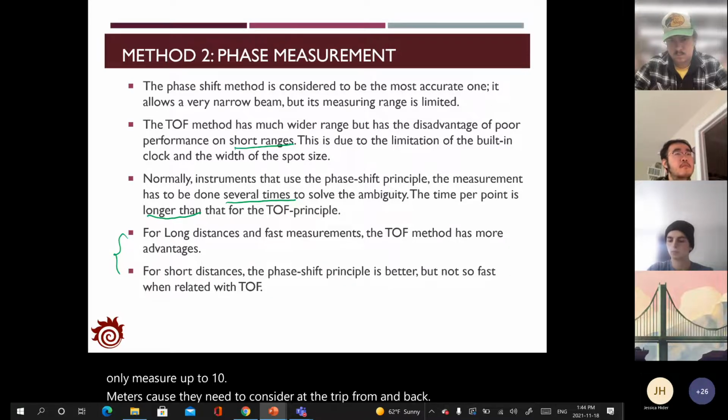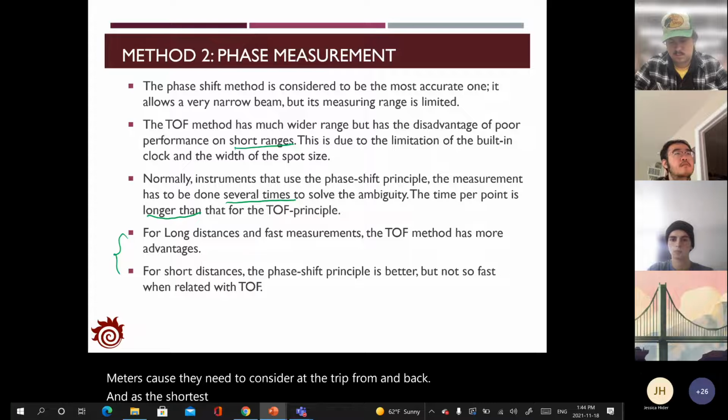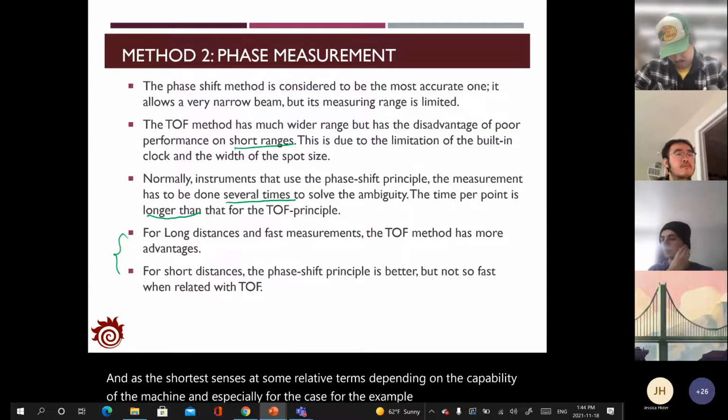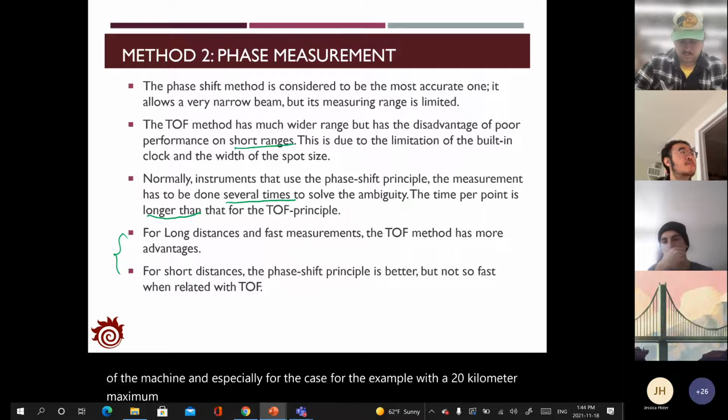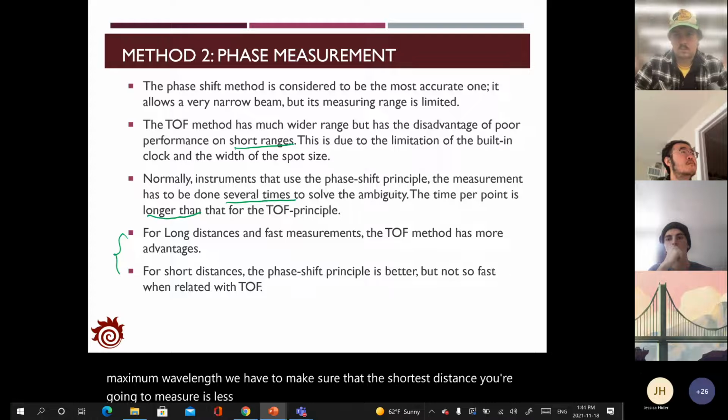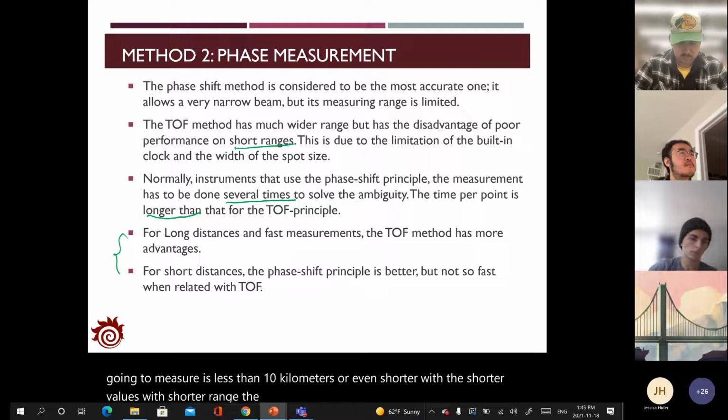Short distance is a relative term depending on the capability of the machine. For the example with a 20 kilometer maximum wavelength, we have to make sure that the distance you're going to measure is less than 10 kilometers, or even shorter. With a shorter range, the measurement would be more accurate.